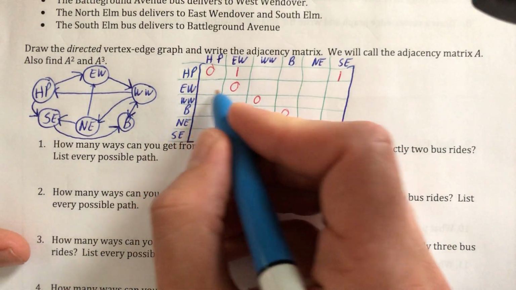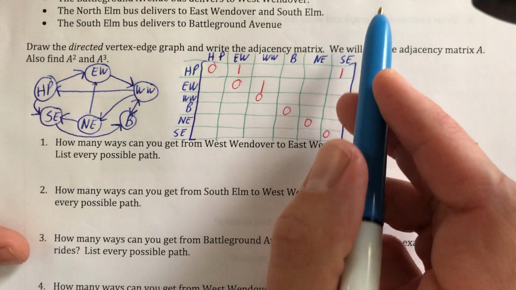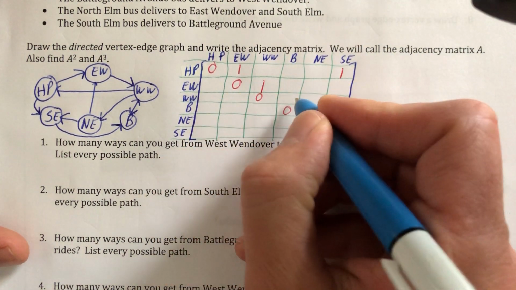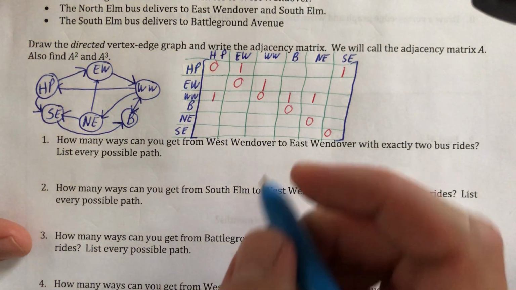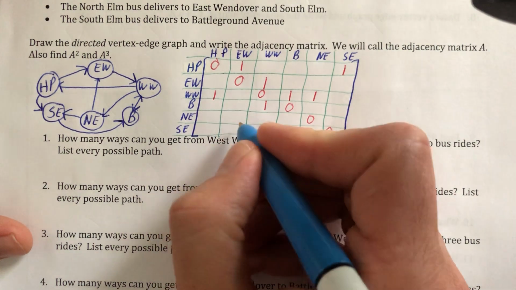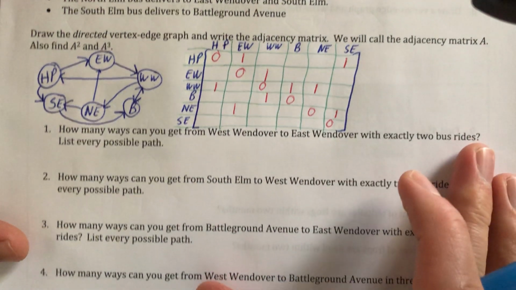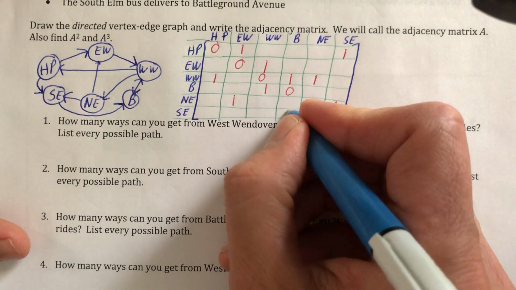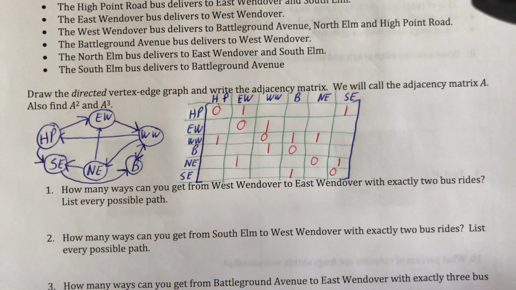West Wendover goes to Battleground, North Elm, and High Point. Battleground goes to West Wendover. I'm going real fast. North Elm goes to East Wendover and South Elm. South Elm goes to Battleground. Okay. You can, again, verify it with what you have written or your vertex edge graph.